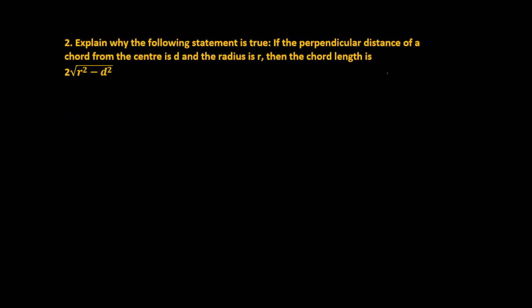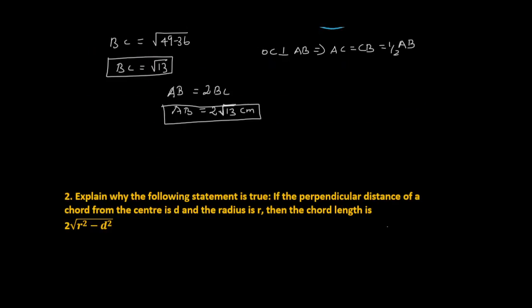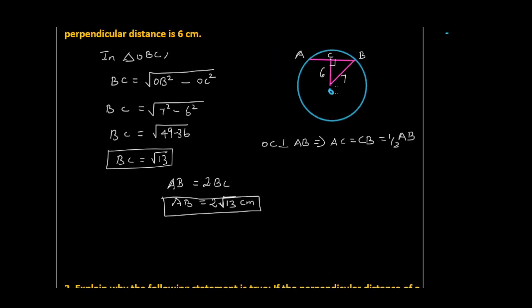Second question: explain why the following statement is true. If the perpendicular distance of a chord from the center is d and the radius is r, then the chord length is twice the square root of r squared minus d squared. So we need to find why it is true.